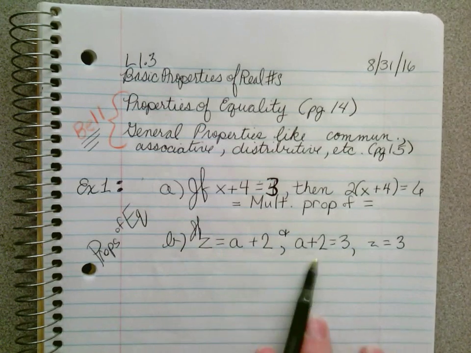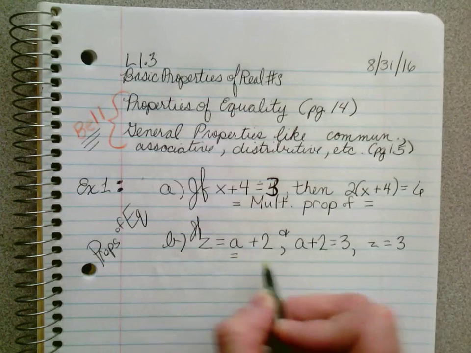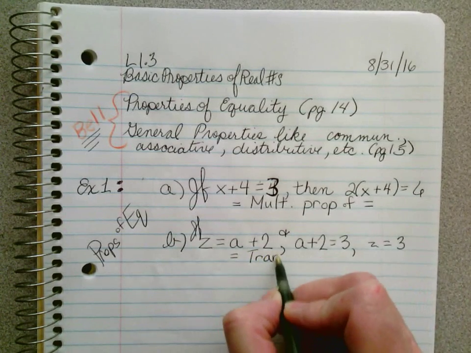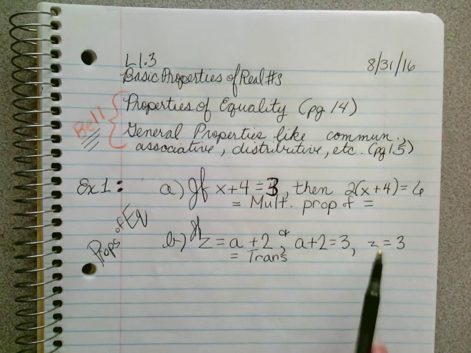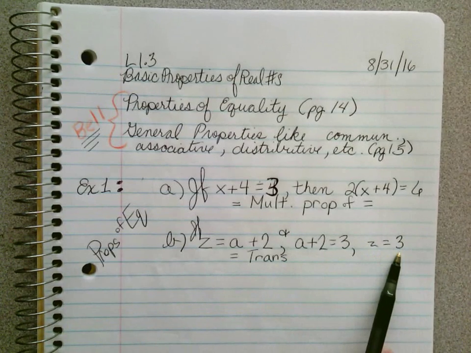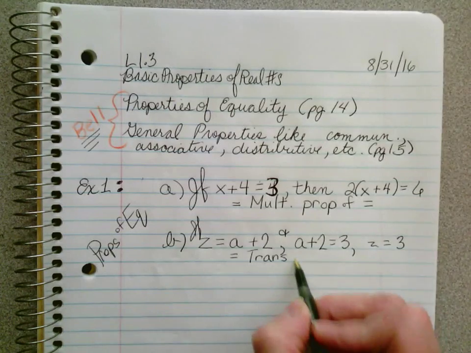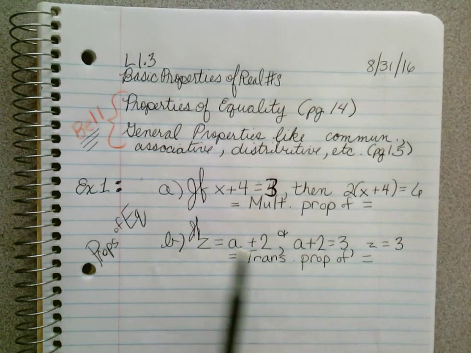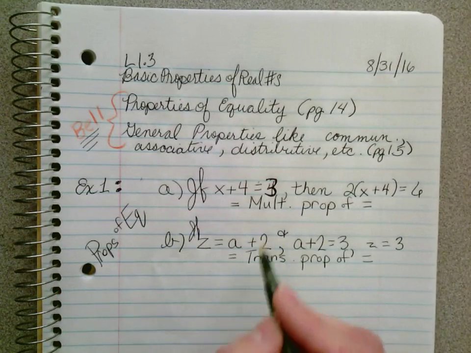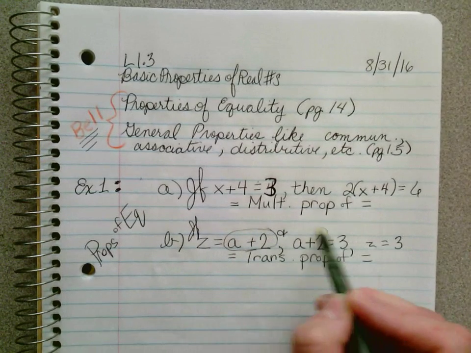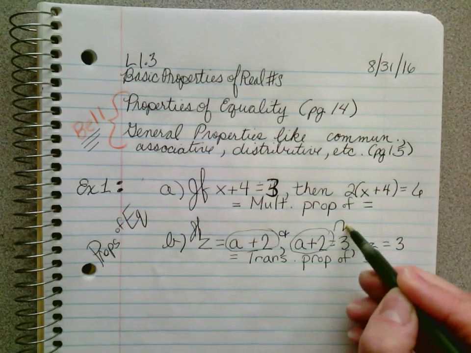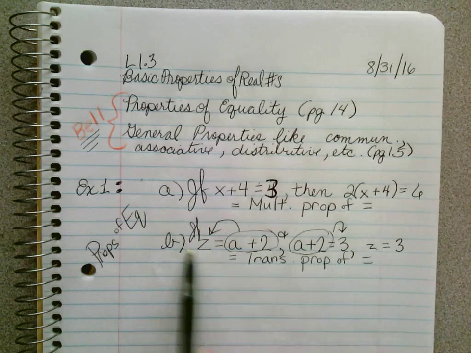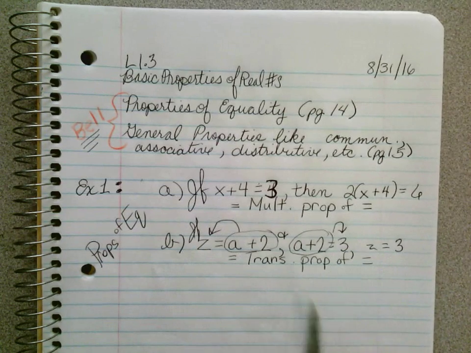So given these two equations, I am able to say, I like to use the word translate, that Z is the same as 3. This property is the transitive property of equality. I took these two statements, realized that these two things both equal the same thing, therefore these two things must equal one another.